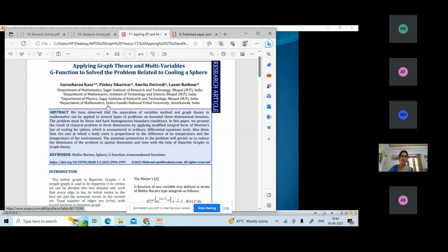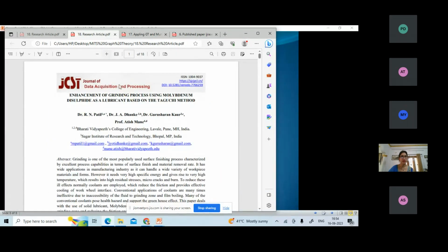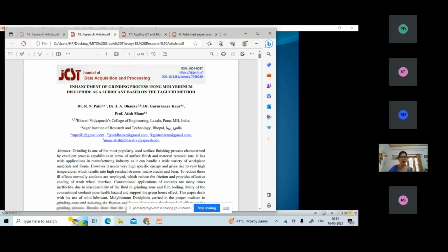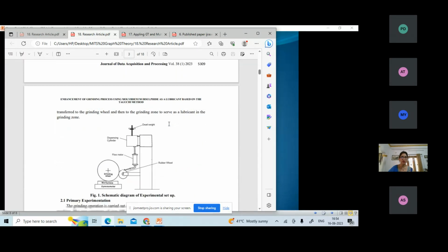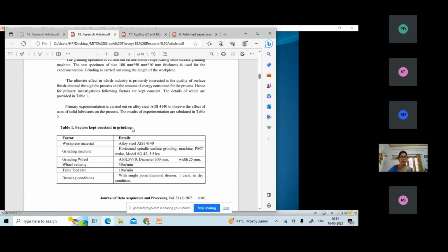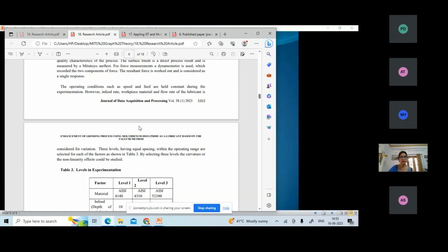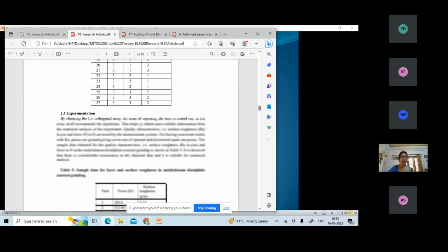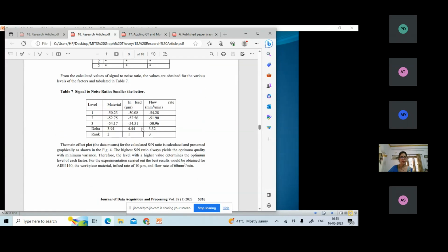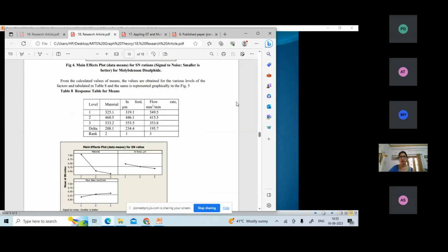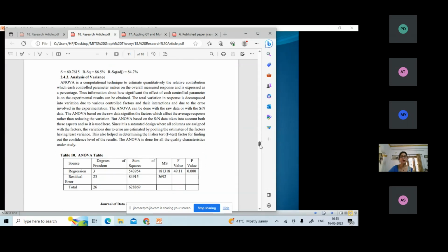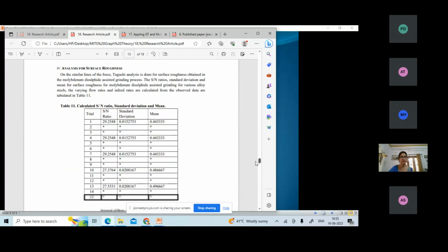I apply graph theory in this article. It is basically a paper related to physics research, but I apply graphs in this research paper. Last month, this paper was published in a Scopus indexed journal. If you want, I will share the link of this paper.